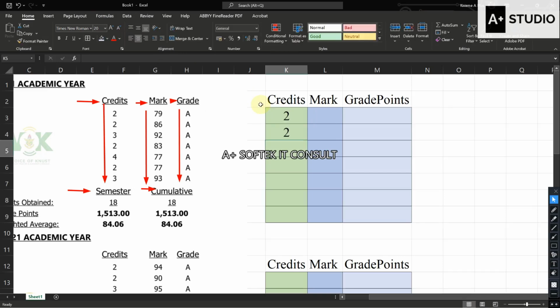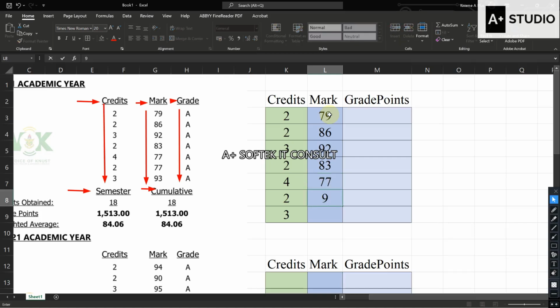Let me put the credit hours in here: 3, 2, 4, 2, and then 3. Let me put the marks in here: 86, 92, 83, 77, 93. Am I missing something? I think yes. 77.